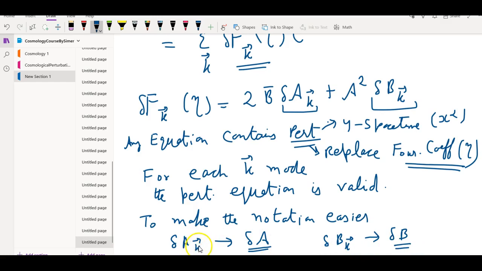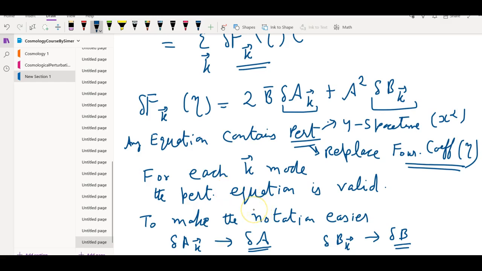We will drop the k's because it is implied that now we are in Fourier space. So we don't have to write k vector all the time. This is just to simplify the notation.